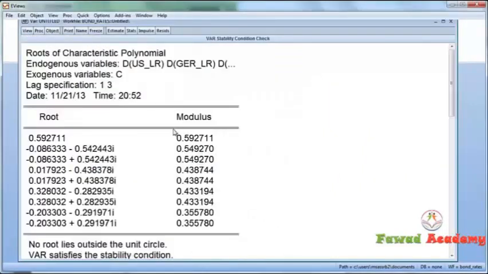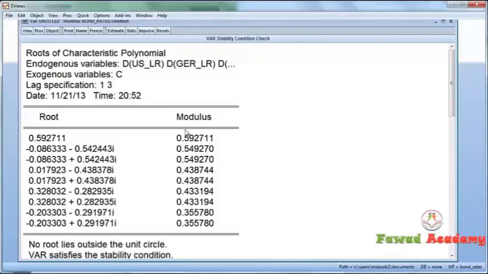Okay, and what we see here is all the roots of our system. And what we are looking at here is the absolute value. We may have complex roots. What we are interested in is the modulus, which is sort of the absolute value of a complex root. They are all smaller than 1, all inside the unit circle.